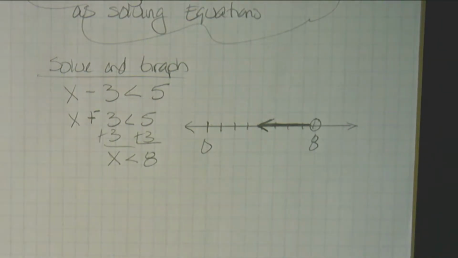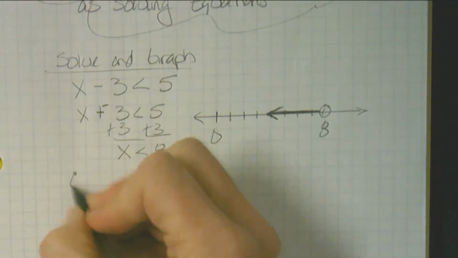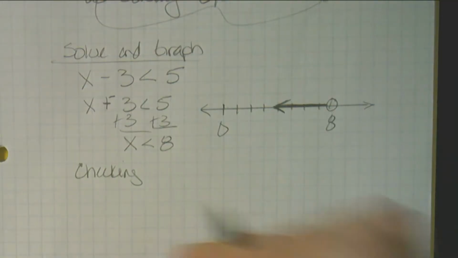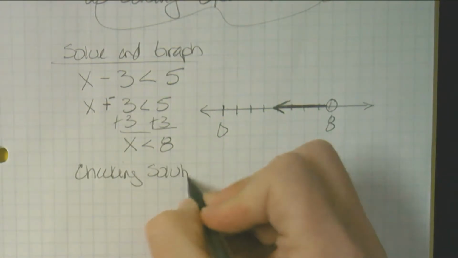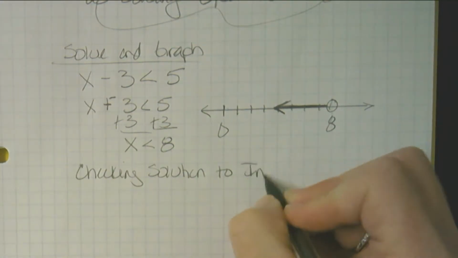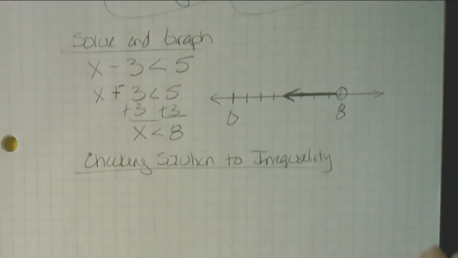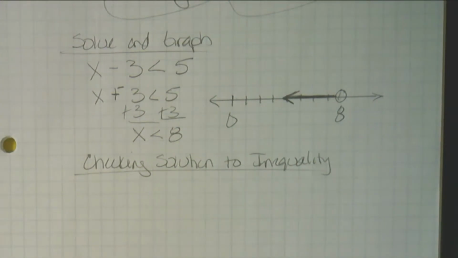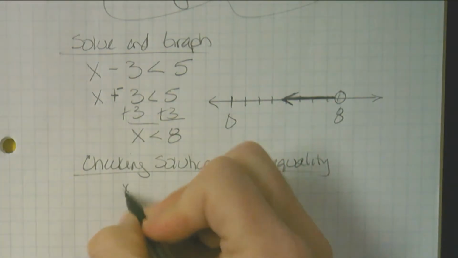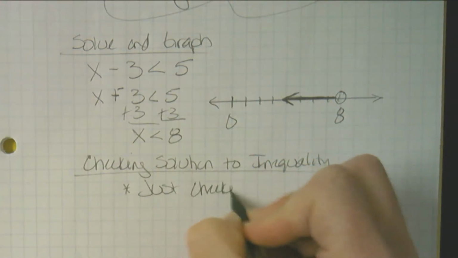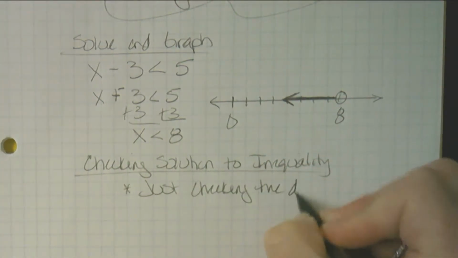Fantastic. All right, let's talk about checking our solution. This is different than an equation. Check solution to inequality. If they tell you to check it, check it. If they don't, you don't have to, okay? Checking, what that really means is we are just checking the direction of our shading.